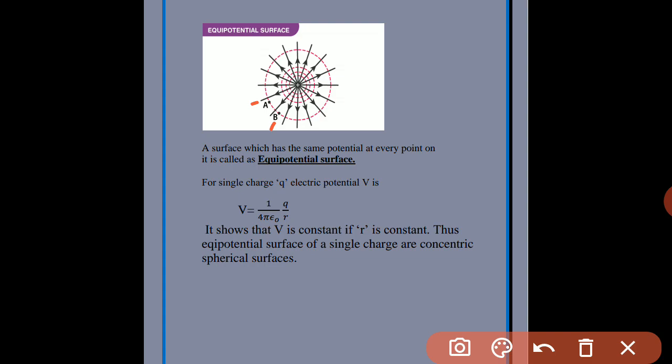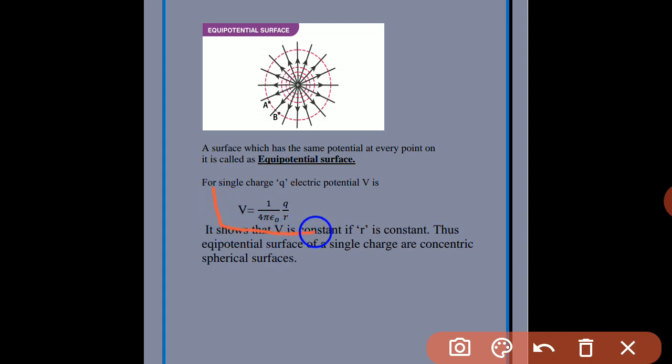Total three equations are there. So which equation do you have to use to calculate electric potential at point A here? See, here Q is a point charge.